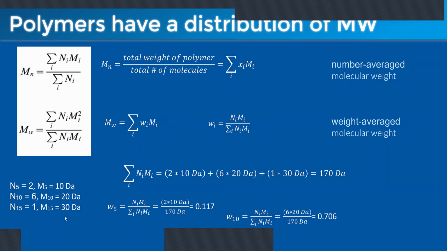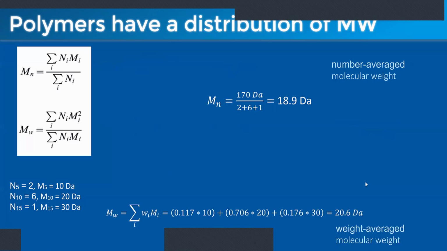Similarly, we can do this for the polymer with 10 units, replacing the numerator, keeping the denominator the same, and for 15 units. So these 3 weight fraction numbers should add up to 1, because that's what we mean by a weight fraction. And they do.